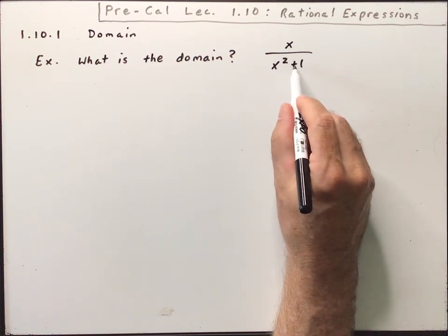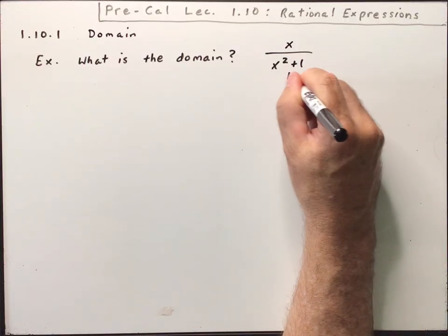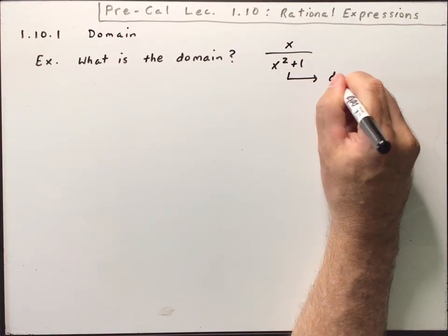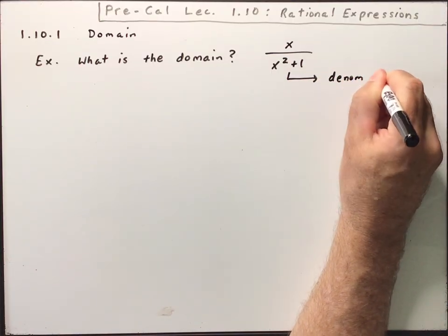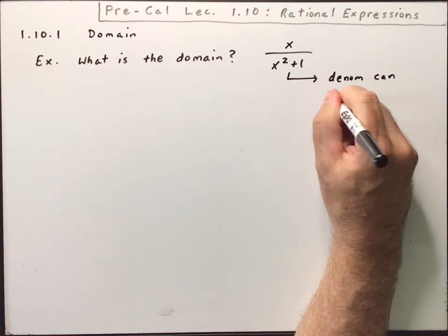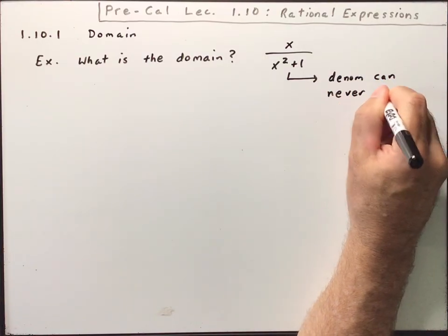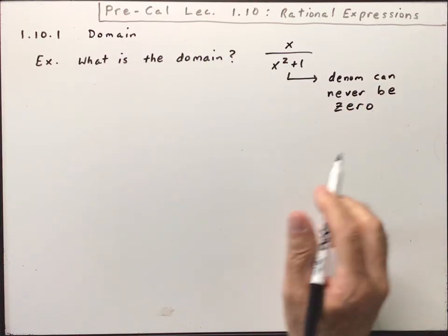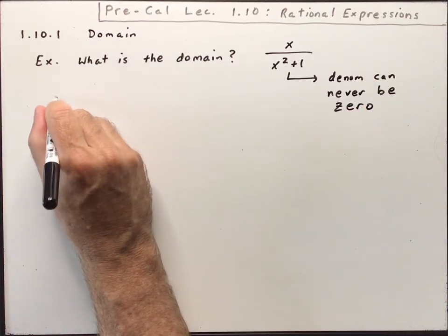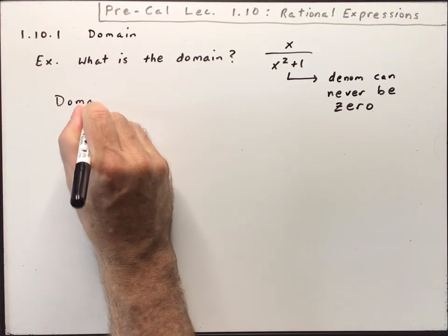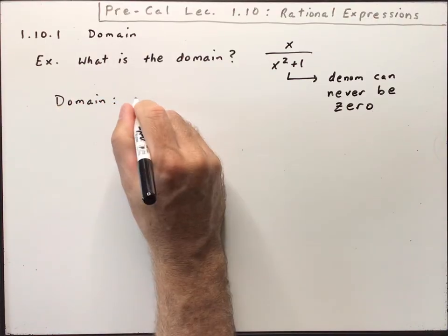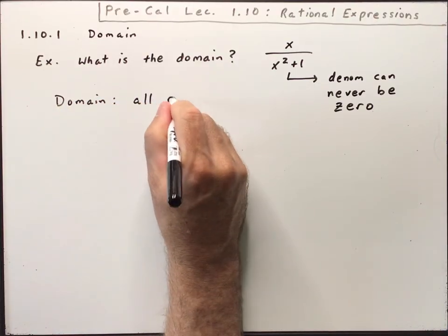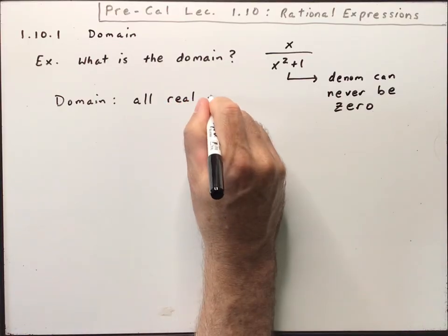So you'll have some positive number plus 1. So the denominator can never be 0. So what do you do in that case? Then the domain, the way you write it is just all real numbers.